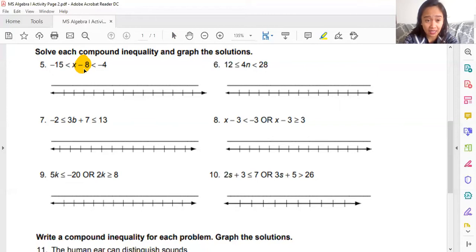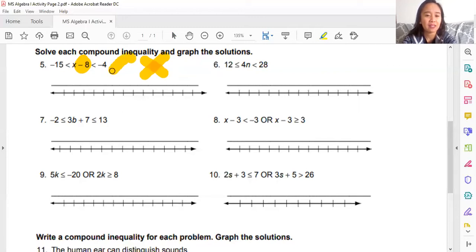Whatever that is, you do that to each side, at the left and at the right. The opposite of -8 is +8, just to make the one in the middle 0, okay? So you add 8, so -8 plus 8 becomes 0. So in the middle, you'll just have x, okay?